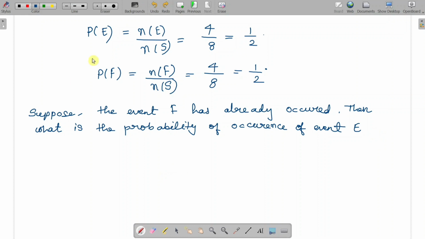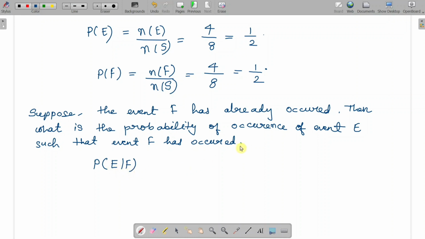We can also write this such that event F has occurred, okay. So now what we have to find is this: probability that E occurs such that F has already occurred, right.